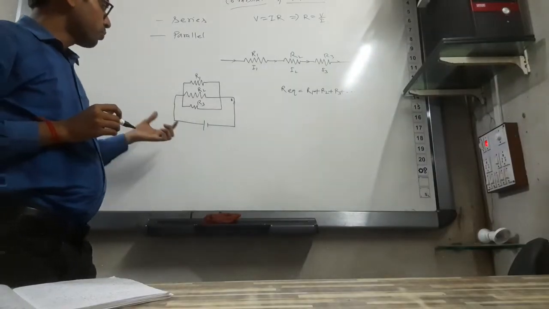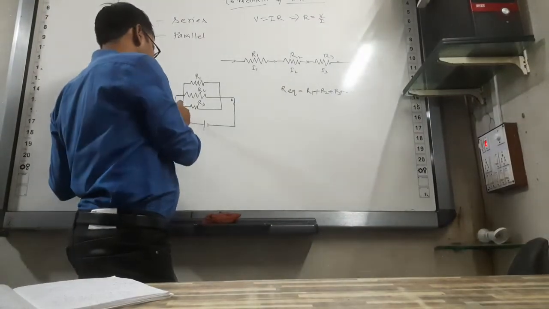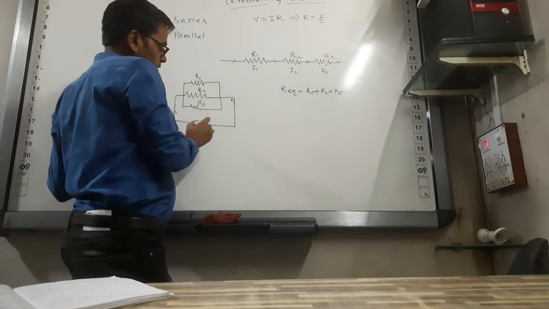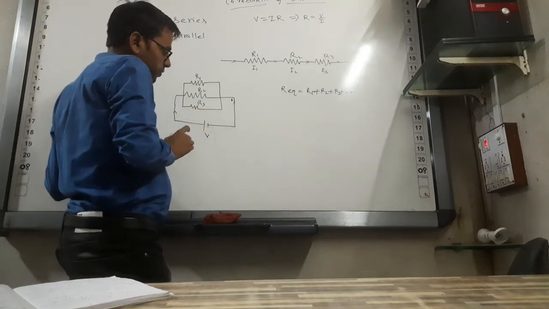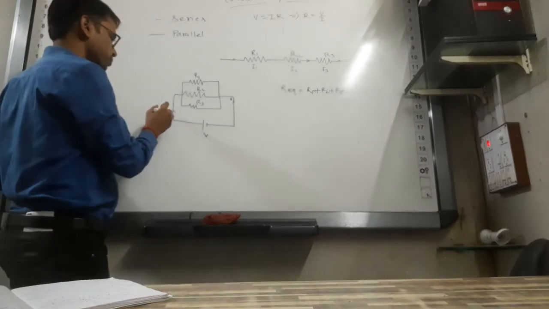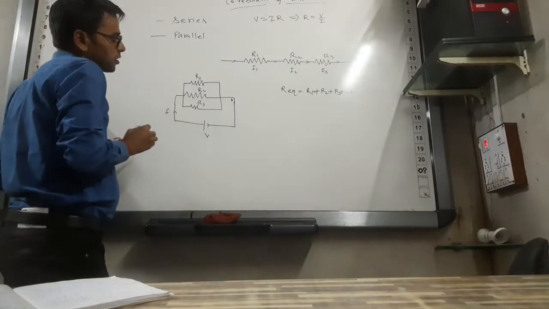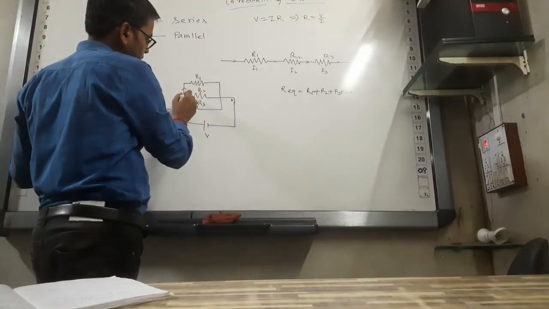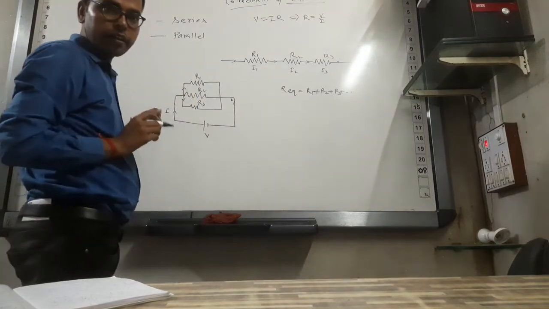These resistances are connected in parallel. Now the potential difference in this case is the same. Suppose V is the potential difference and current I flows in the circuit. The current I distributes in three parts, here at these three branches.